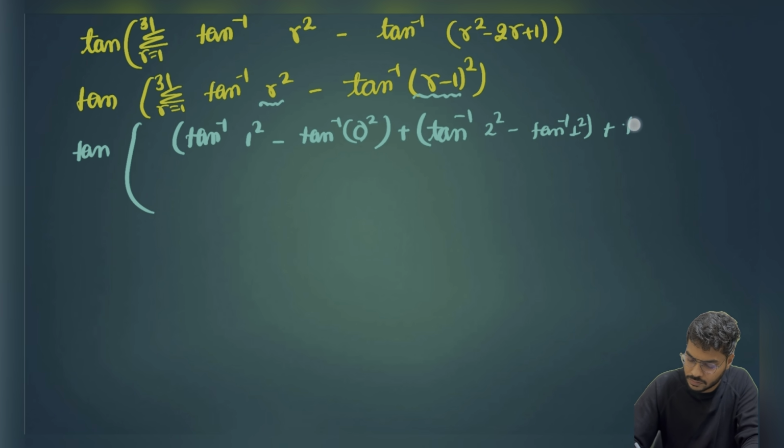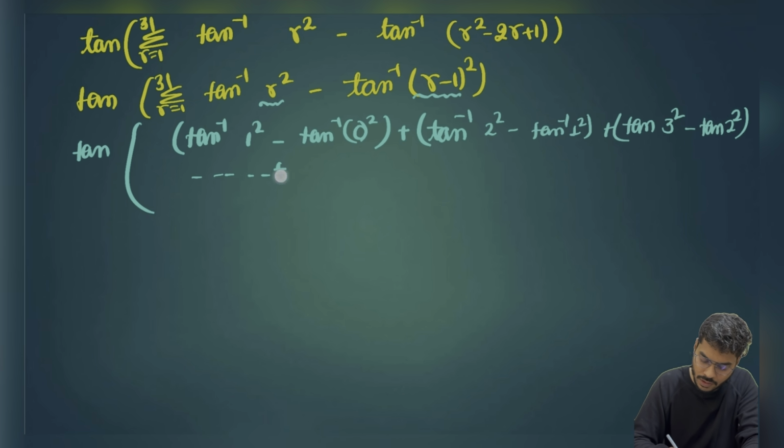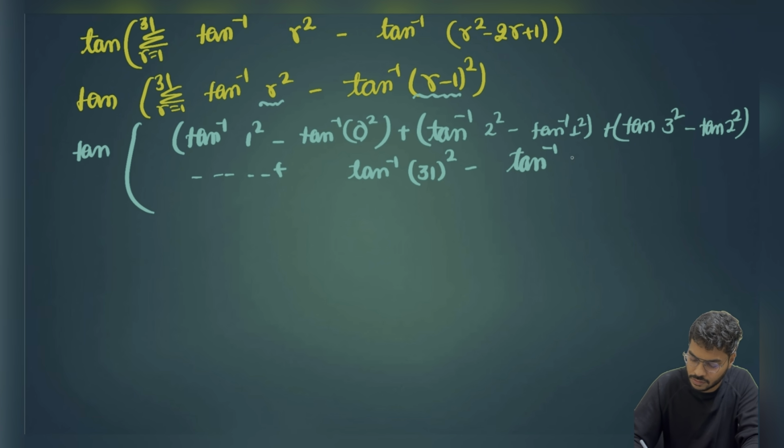Again, tan inverse 3 square minus tan inverse 2 square. What is the last term you will get? The last term you will get is tan inverse 31 square minus tan inverse 30 square.